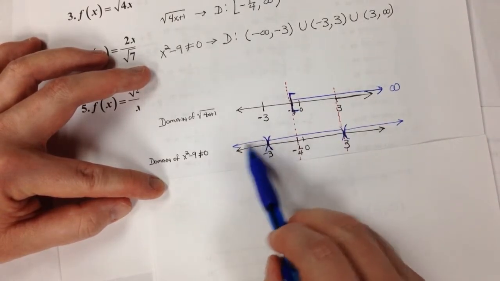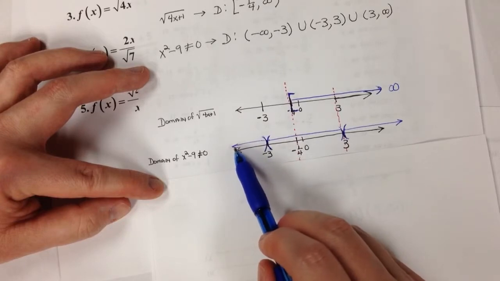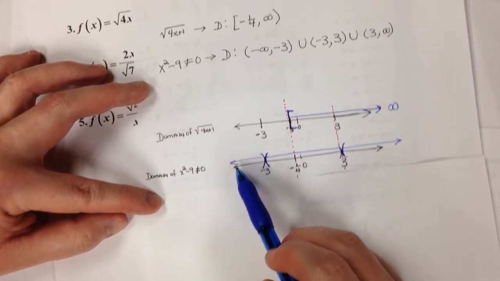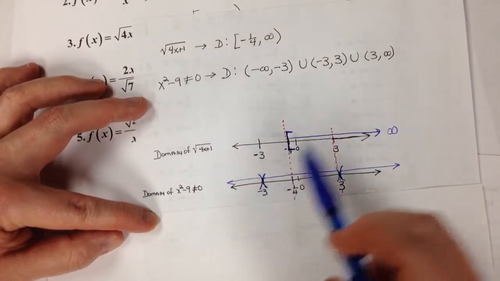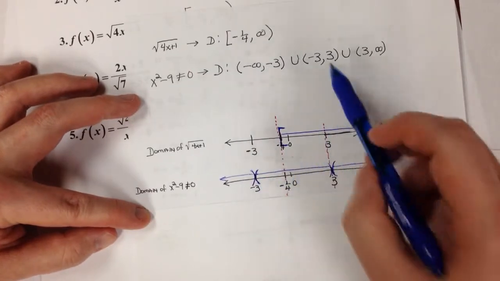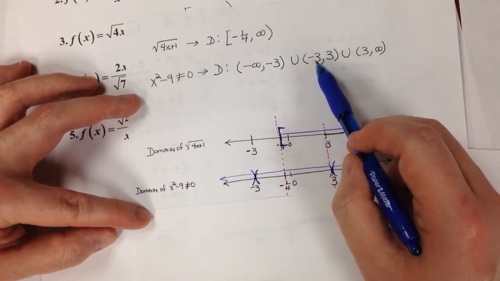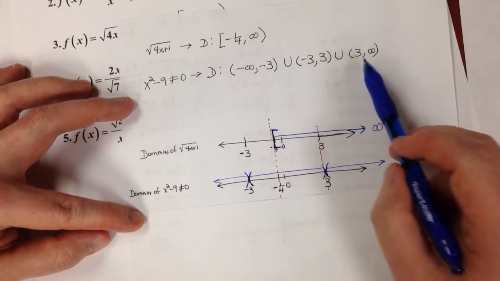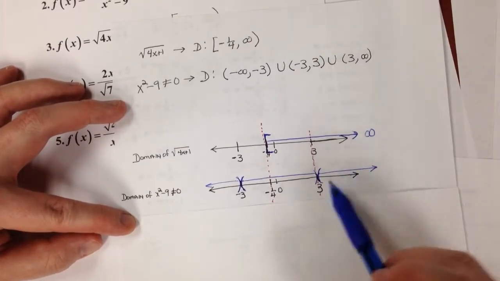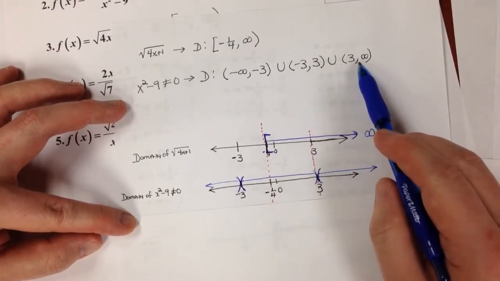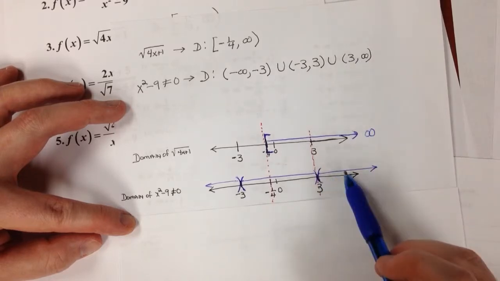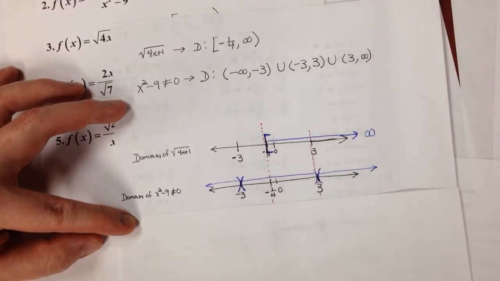So the ray going out to the left is the set of values of x less than negative 3. The line segment in the middle is for what we have greater than negative 3 but less than 3. And then the ray proceeding to the right has those values greater than 3.